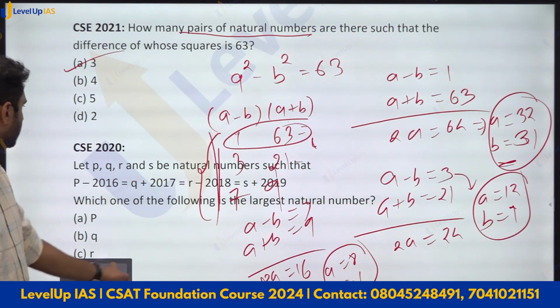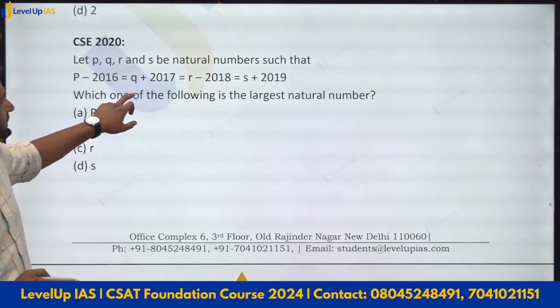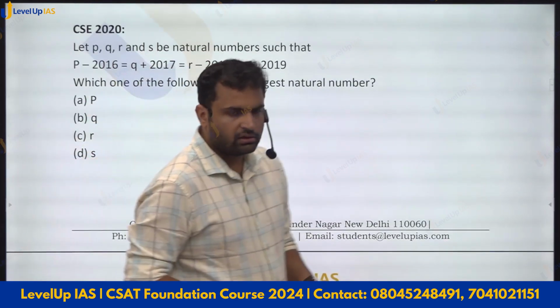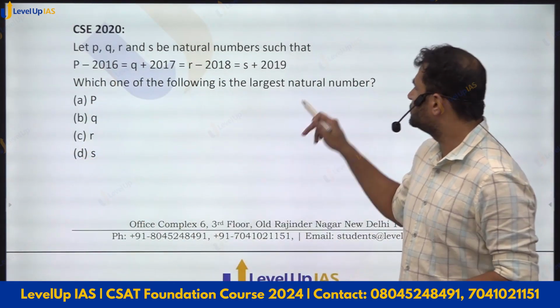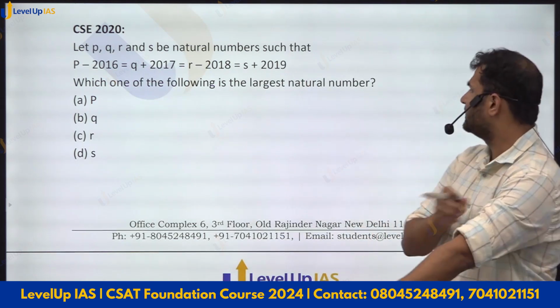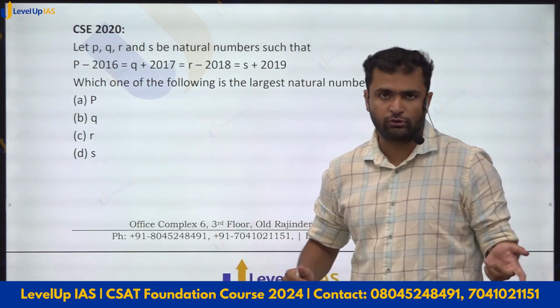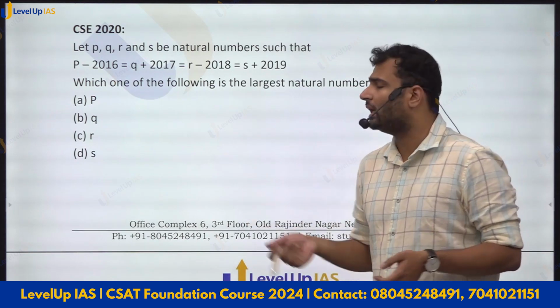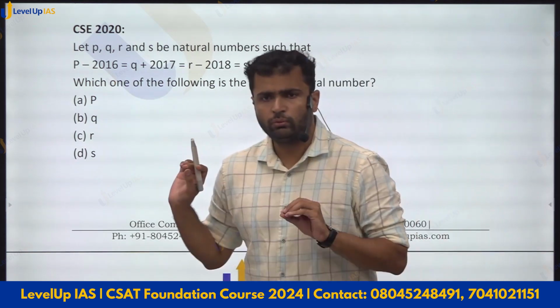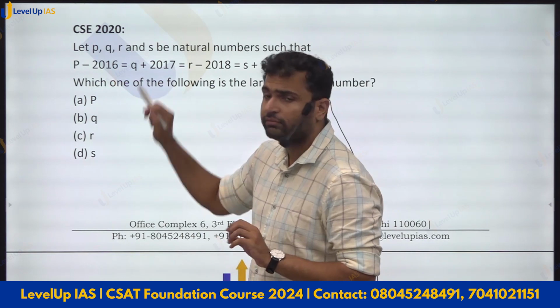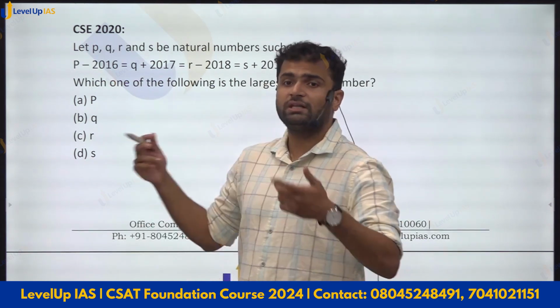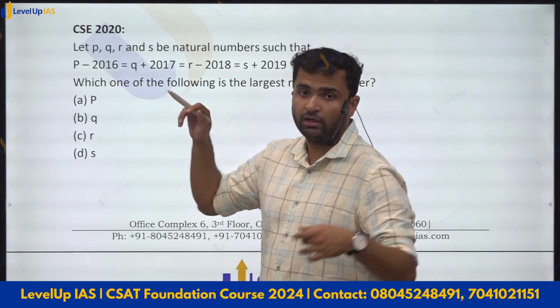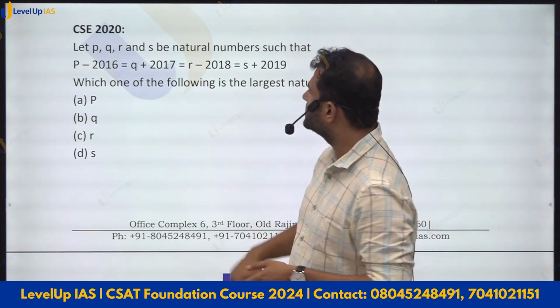Next question, a very easy question, very easy. All that we have to comment is which of these is the largest natural number. Firstly it has to be a natural number and then it has to be largest. So we just compare. Firstly we compare P and Q, then whatever is larger of them we compare that with R, whatever is larger we compare that with S. Let us see.